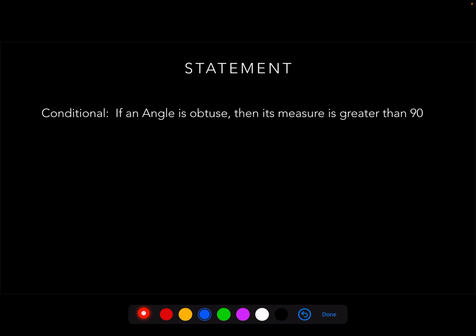Chances are pretty good, if we're working on writing biconditional statements, that I probably want you to write one of them.